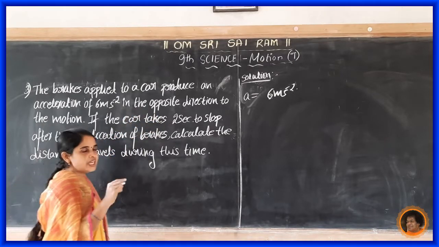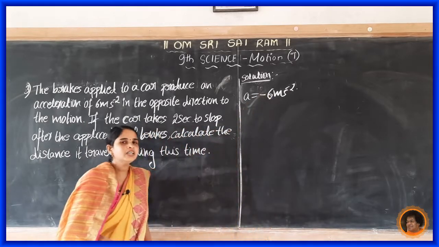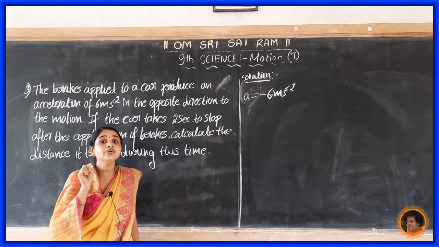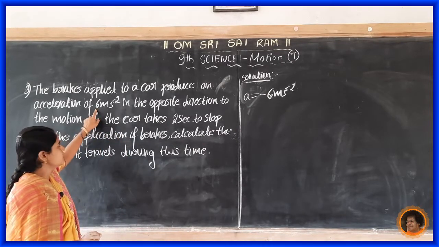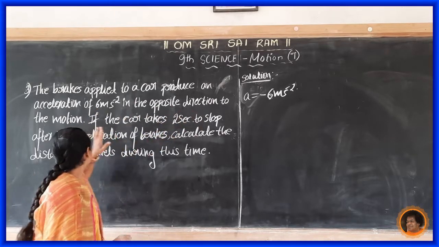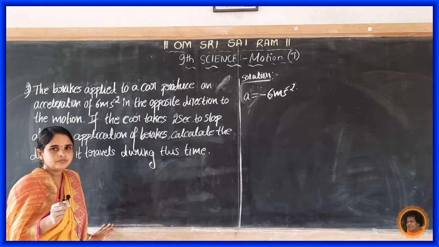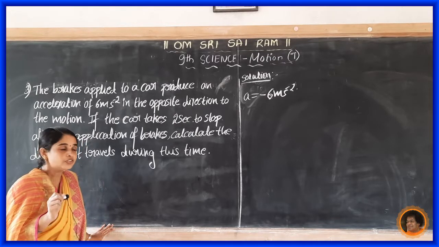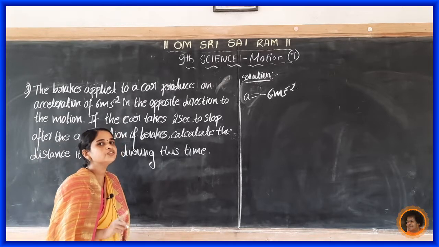So a equals minus 6 meter per second square. Why negative here? Because acceleration is in the opposite direction to the motion.